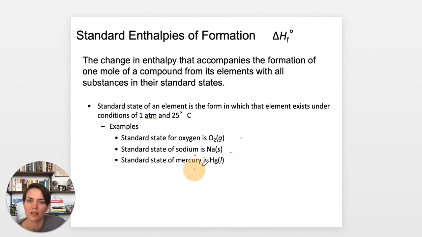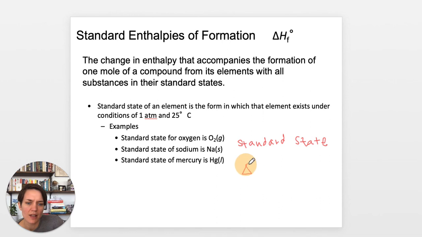Standard state for mercury is a liquid, right? Think about every sample of mercury that you've seen in thermometers, in Terminator 2. It's a liquid form. Sodium, solid. Oxygen would be gas, right? So these would be their standard states.